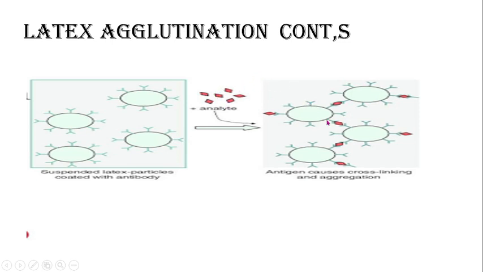They mix and interact with the antibodies coated on the latex beads. This results in the formation of close links and agglutination, so agglutination indicates that there is a bond or interaction between the antigen and the antibodies.